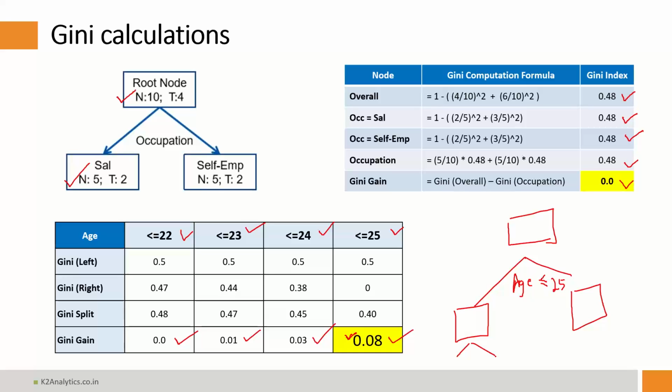This is point one that I want to inform. A variable can repeat. The second important thing is it was very easy for me to demonstrate it. Less than equal to 22, 23, 24, 25. However, if you have a variable say balance, the balance maintained by a customer in an account is not 1 rupee, 2 rupee, 3 rupee.